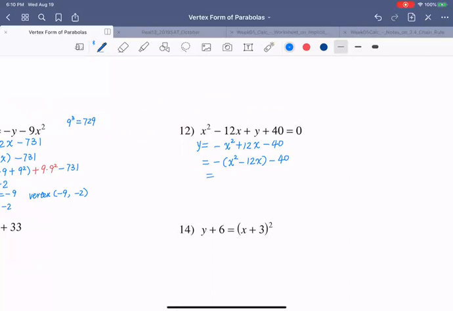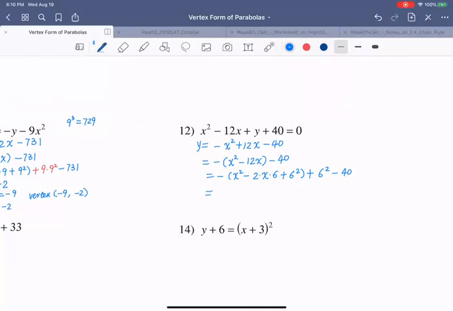And then it's x squared minus 2x times 6 plus 6 squared, and then pay attention, be very careful. Plus, yes. And then minus 40. Continue.